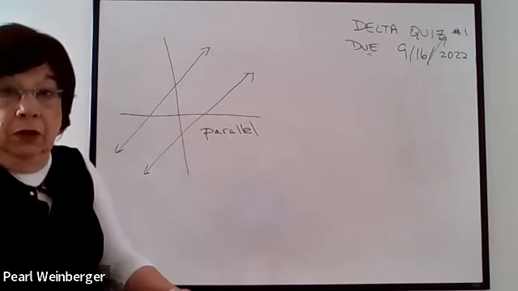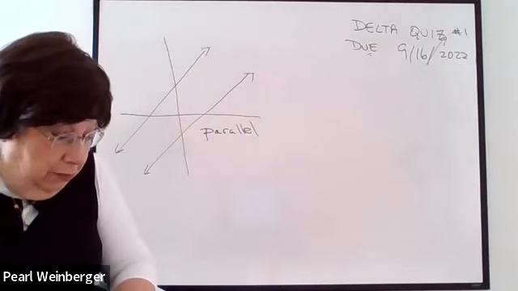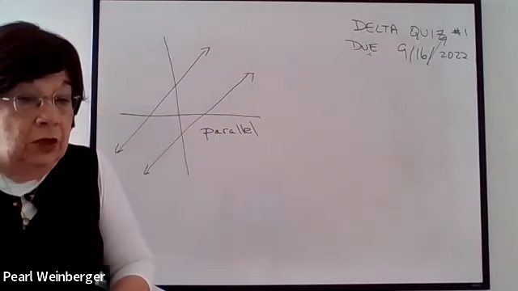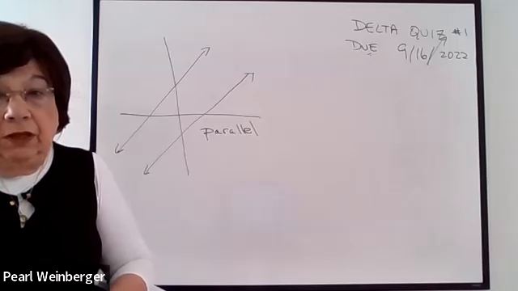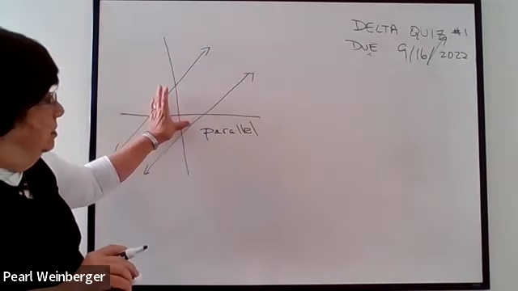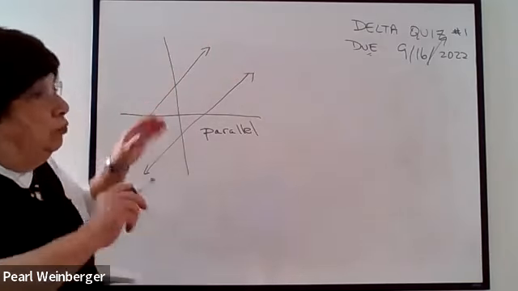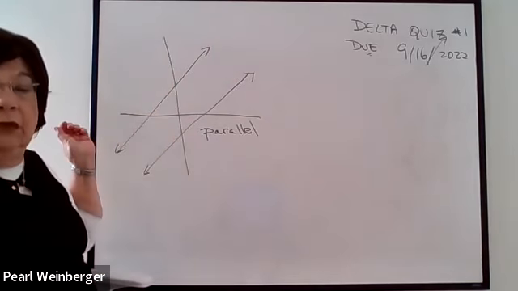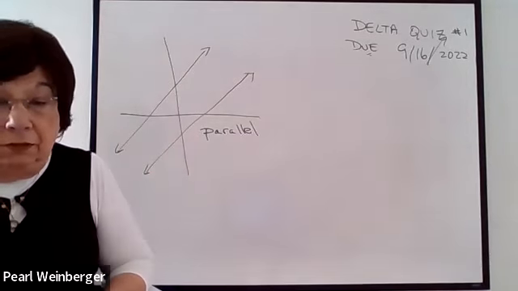Now, we know what parallel lines mean. They mean lines that no matter how much you extend them, no matter how far you draw them, they're never going to meet. They're always going to stay the same amount apart. I could draw them miles long and they're still not going to meet. That's what parallel lines mean.